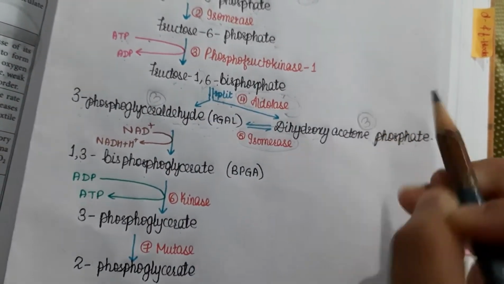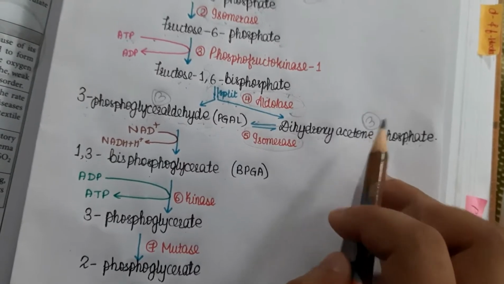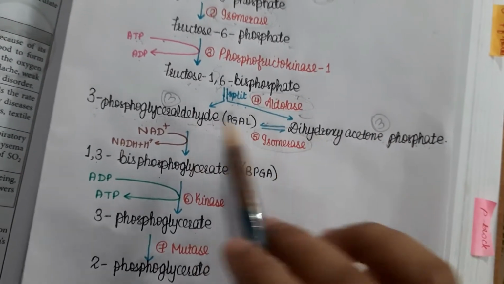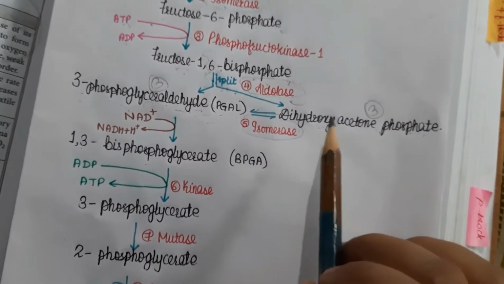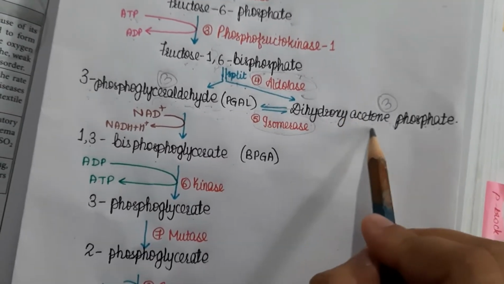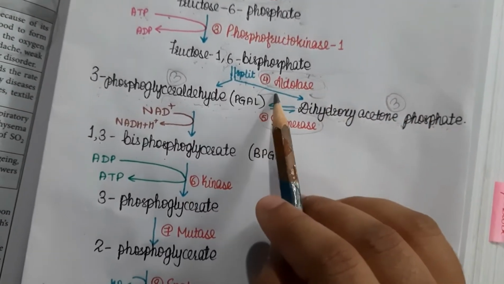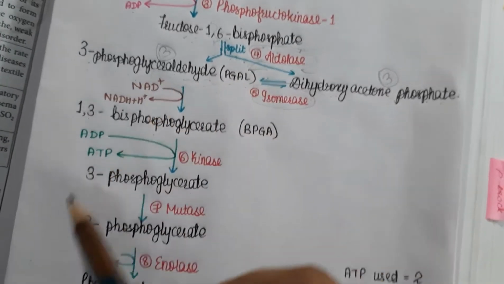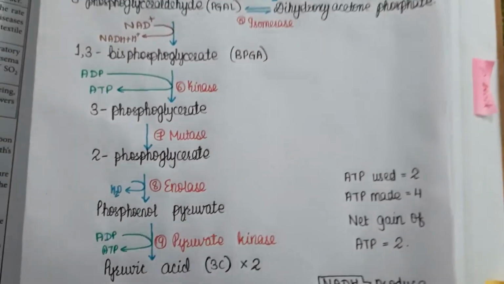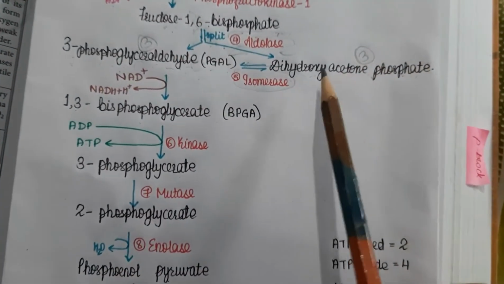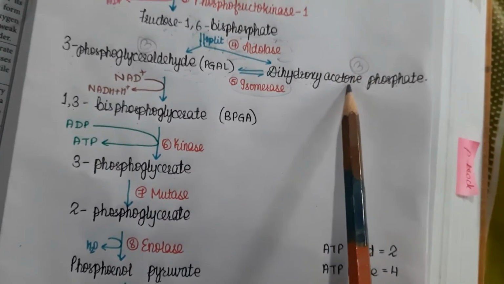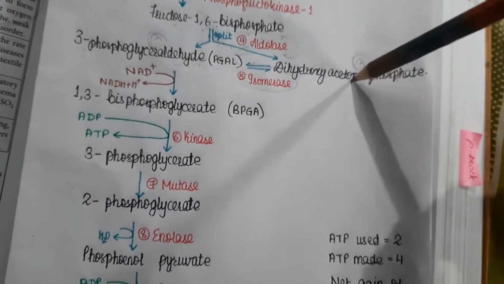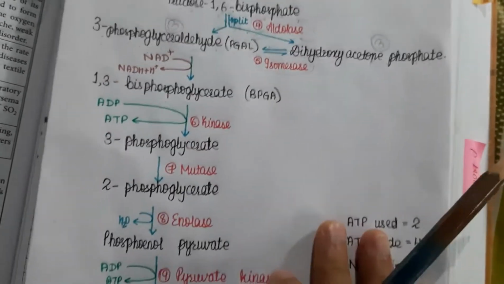Now these two are 3 carbon compounds. Since these two compounds are interconvertible, dihydroxyacetone phosphate can get converted into PGAL, and the processes which we are going to study can occur to this compound also. We'll discuss this again in a few minutes.